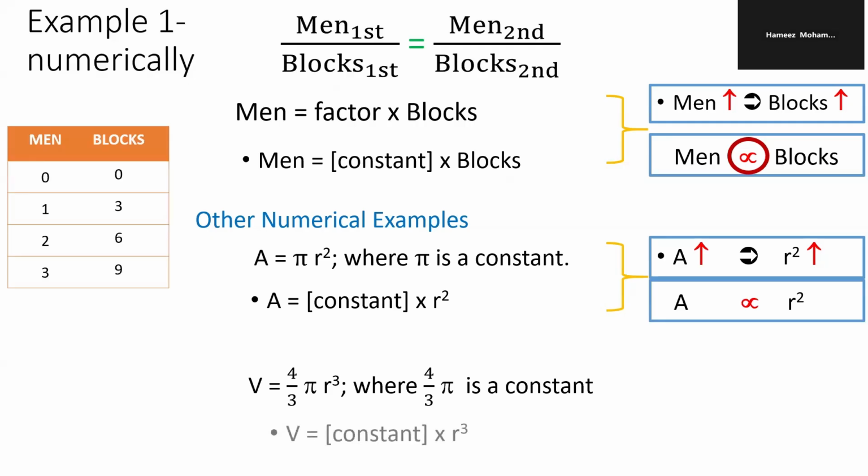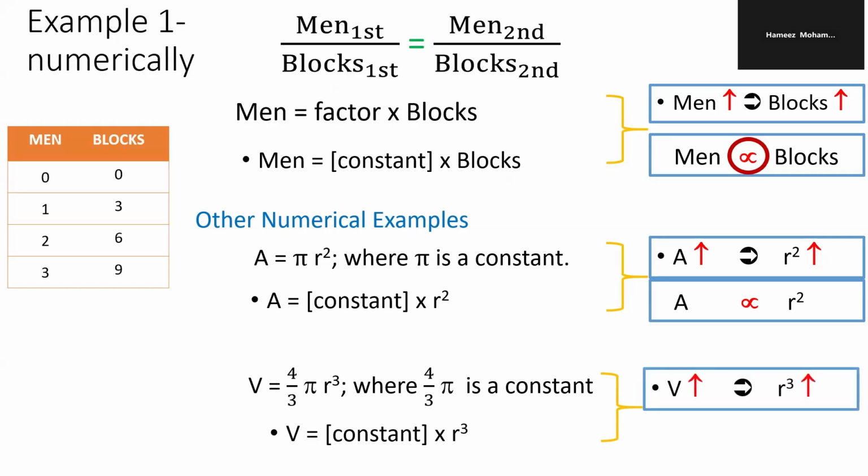Therefore, we can say the volume is equal to some constant times r cubed. Not r, but r cubed. As such, when the volume increases, r cubed is increasing the same amount. Or in mathematical terms, volume is directly proportional to r cubed.